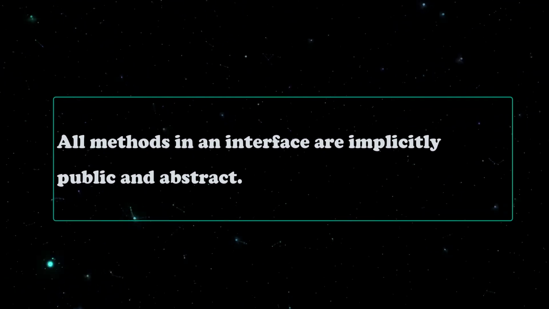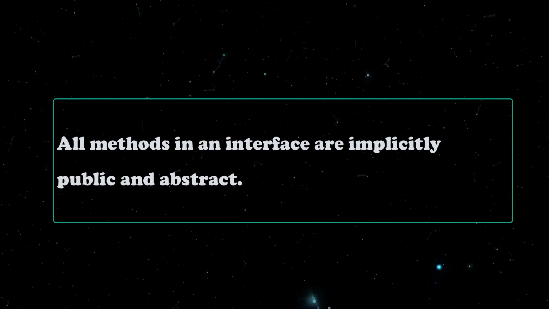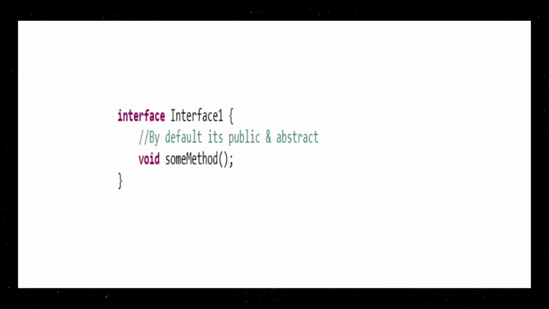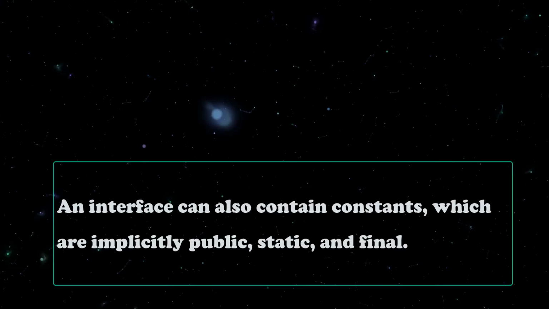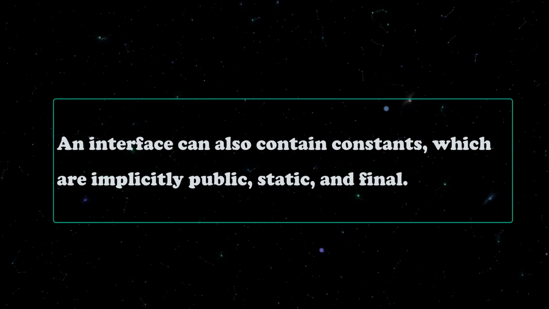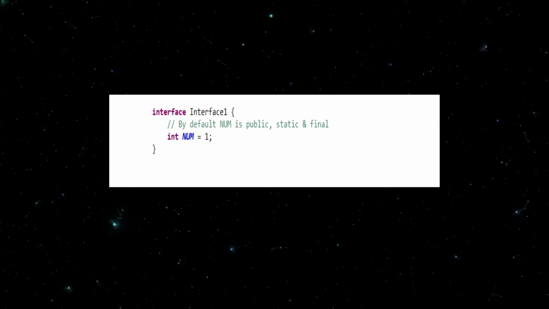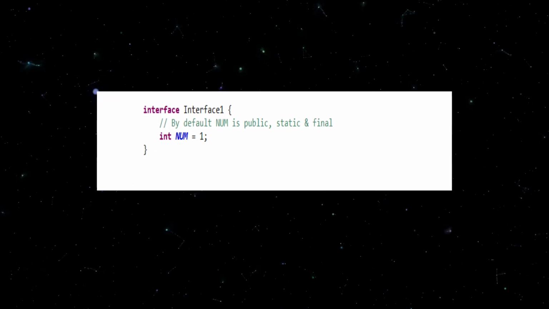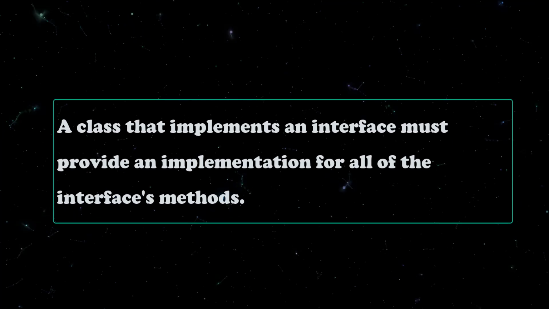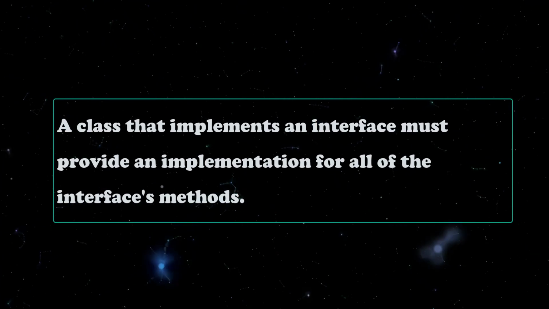All methods in an interface are implicitly public and abstract. An interface can also contain constants which are implicitly public, static, and final. A class that implements an interface must provide an implementation for all the interface's methods.